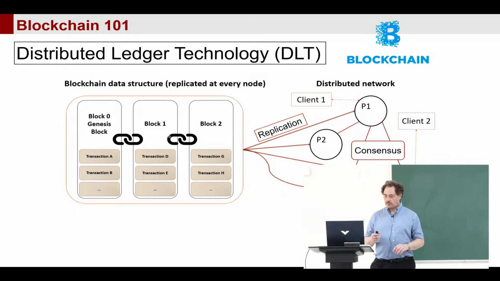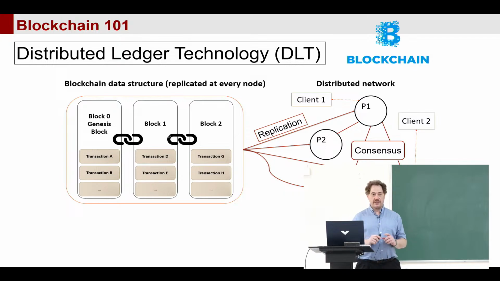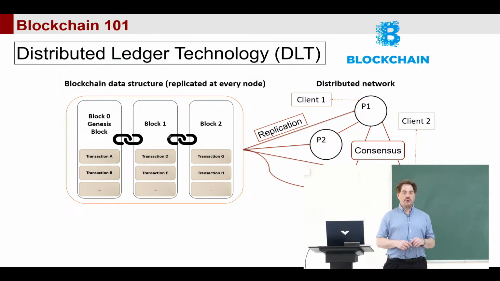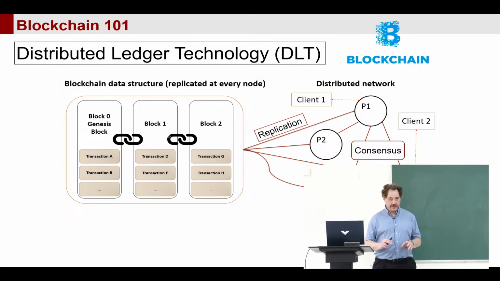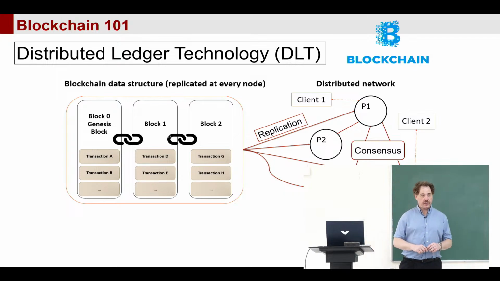And even that operation is not taken easily. In order to append the block at the end, all nodes in the network need to run the consensus. It's like voting and agreeing: let's append the block. If they cannot agree, the block would not be accepted.